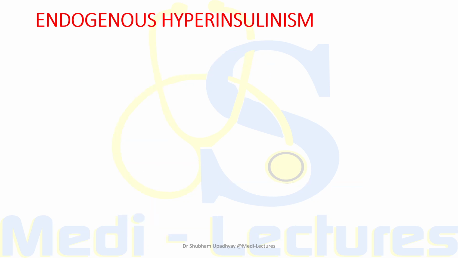When we consider hypoglycemia in seemingly well individuals, the causes can be endogenous hyperinsulinism or accidental or malicious hypoglycemia. The causes of endogenous hyperinsulinism can be a primary beta cell disorder, typically an insulinoma, which is a beta cell tumor.